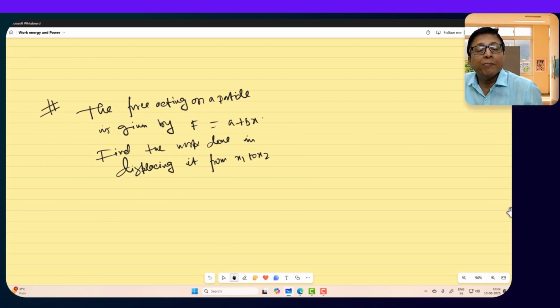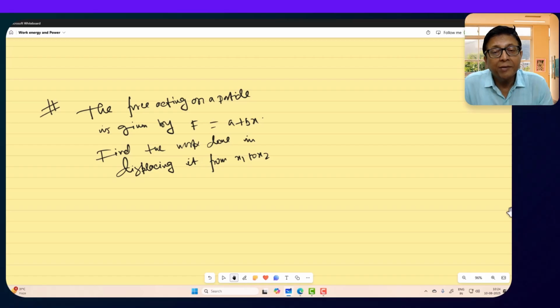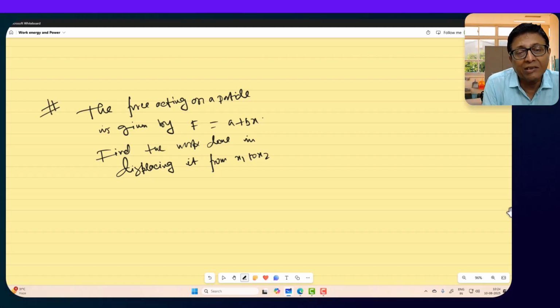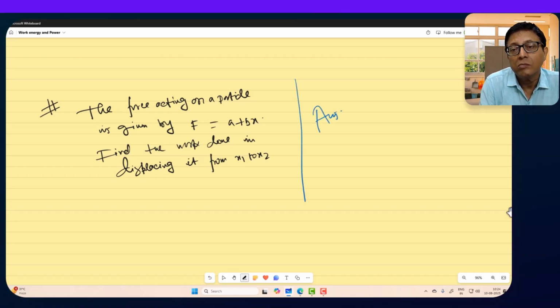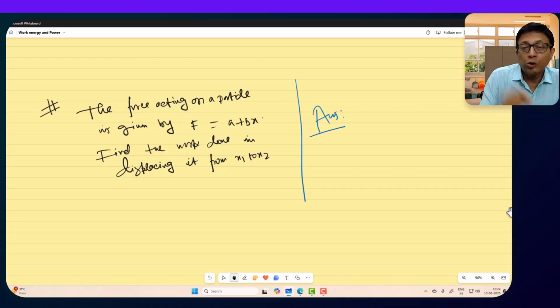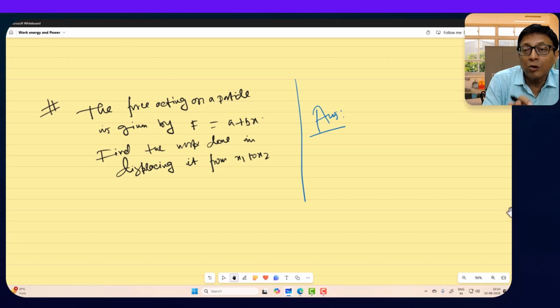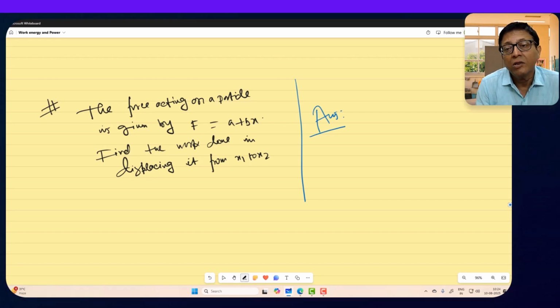Force acting on a particle is given by F equal to A plus Bx. Find the work done in displacing it from x1 to x2. This is variable force. So for the problems I have discussed with you, those are of constant value. But here it is variable value.